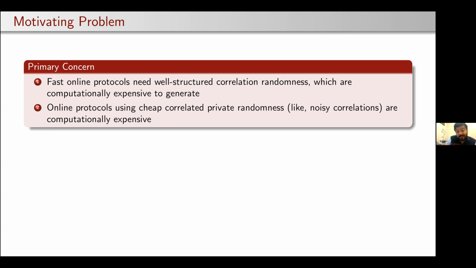However, these well-structured correlations are extremely computationally expensive to generate. On the other hand, there are easy to generate correlated private randomness, like samples from noisy sources. We can use these in the online phase. However, we have seen that the typical online phase is significantly slower.